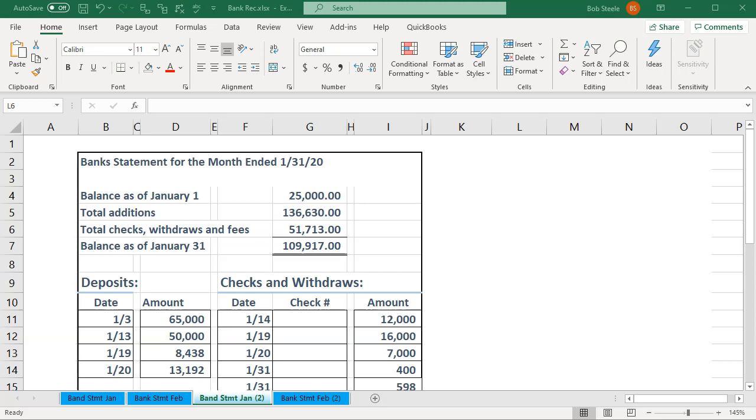I also want to emphasize the difference between the problems when you do the first bank reconciliation and the second bank reconciliation. When we do the first bank reconciliation, oftentimes we don't have the beginning balance in there correctly, right? Because we didn't reconcile in the prior month, we just put the beginning balance into the system.